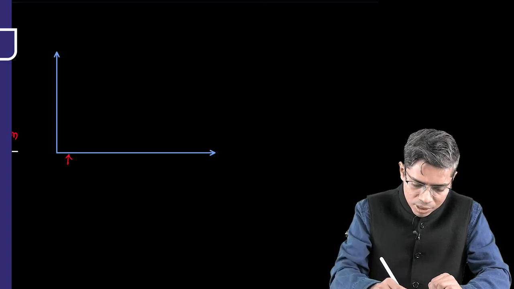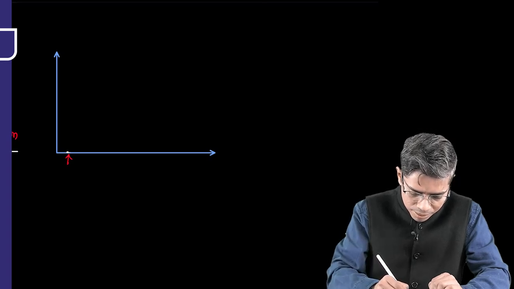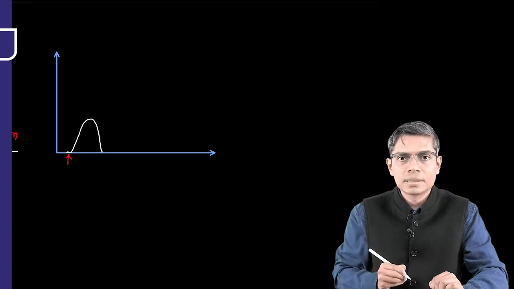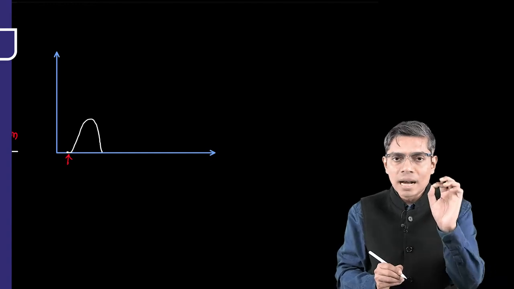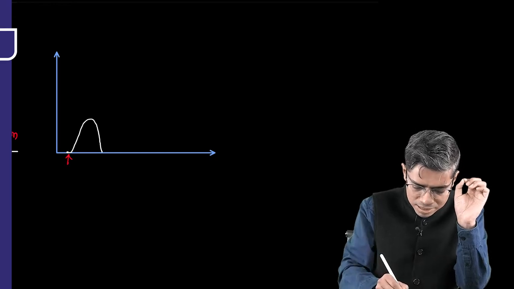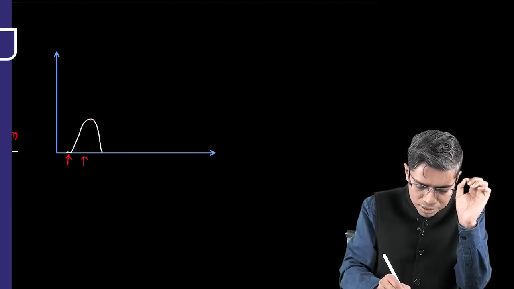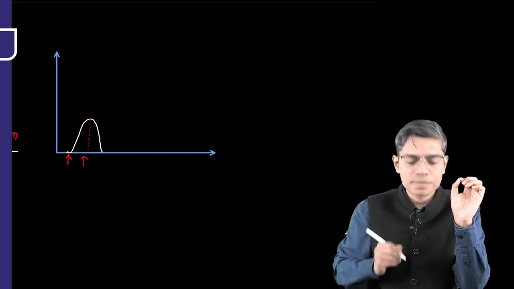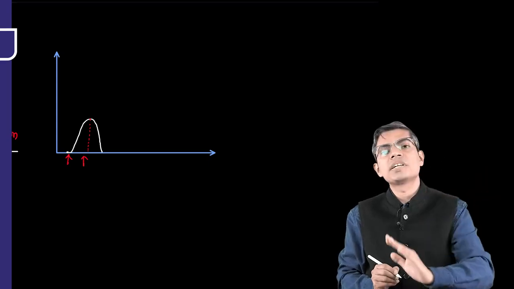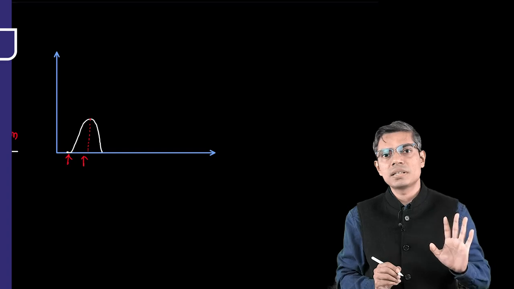Whenever I give one stimulus, there will be a simple muscle twitch like this. But I am giving such a high frequency stimulus that the second stimulus falls within the contraction period of the first. The second stimulus is falling within the contraction period of the first stimulus. Getting my point? This is the baseline.